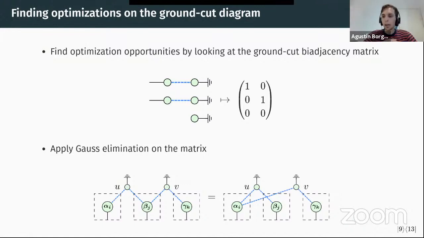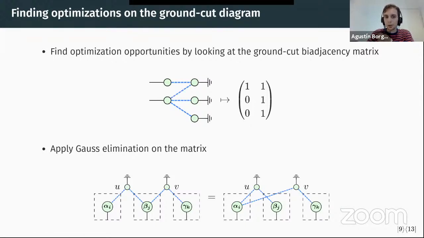Okay, so the row operations we need, since this is a binary matrix, we only need row addition, because the row addition in this case is applying an XOR over the connectivity. So we can sum one of the rows to another row and obtain another by complementing the connection.